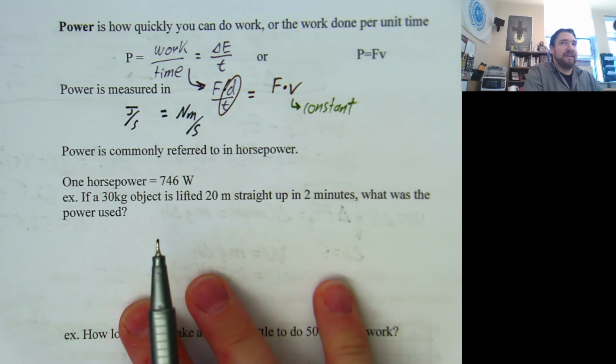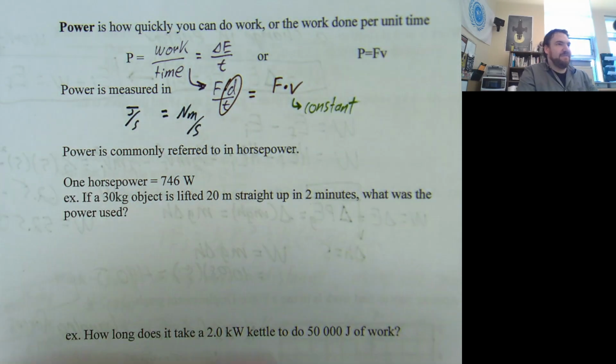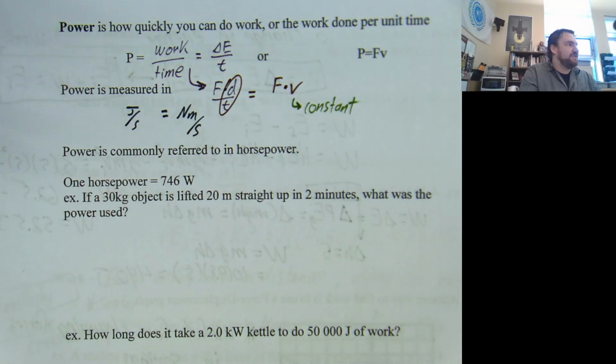But that's kind of a really lame way to define power. It's more convoluted, and we've got a special someone who did a lot as it relates to power, so we're going to take his name and slap it on power, and forget about joules and seconds. Who's the guy that did a lot of work with power? Or what is the other unit you are familiar with as it relates to power?